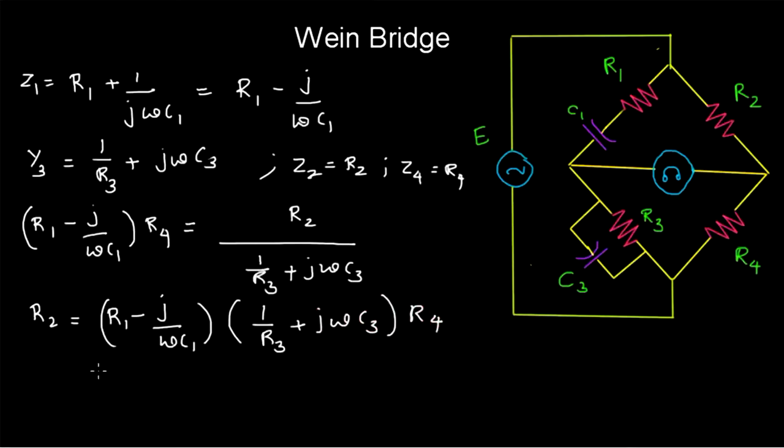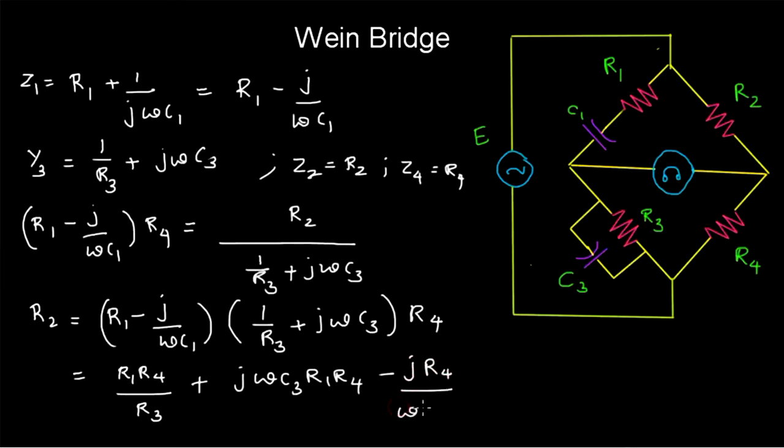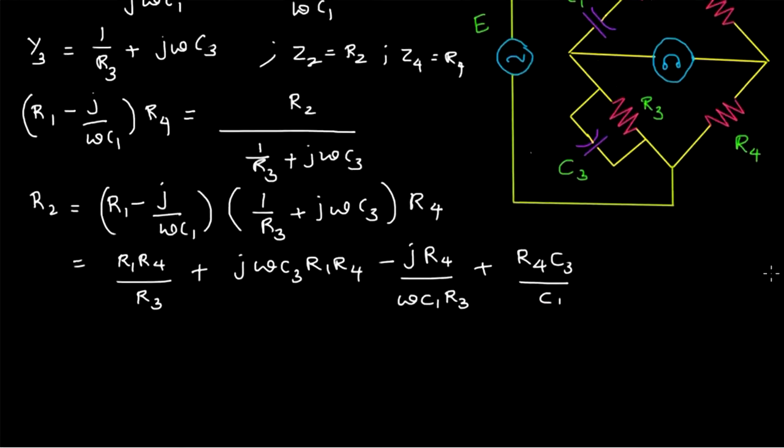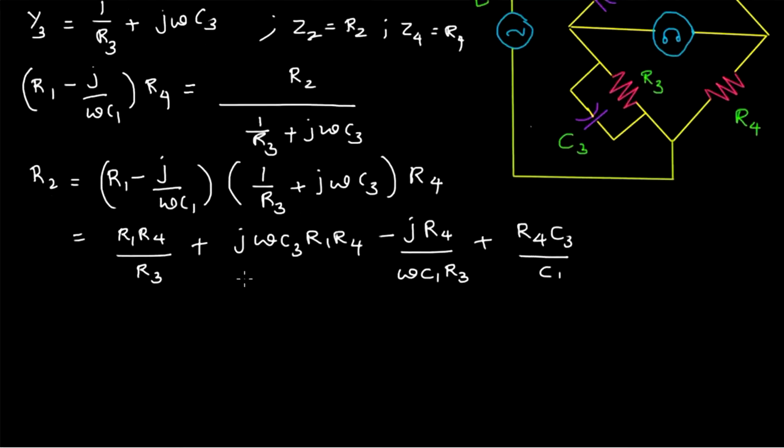If we expand the terms, we get R1 R4 by R3 plus j omega C3 R1 R4 minus j R4 divided by omega C1 R3 plus R4 C3 divided by C1. This is the expansion of the previous equation.